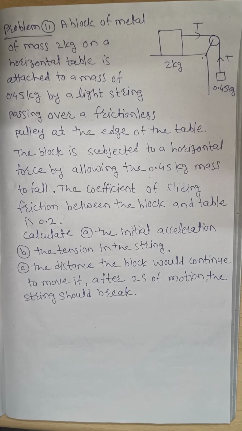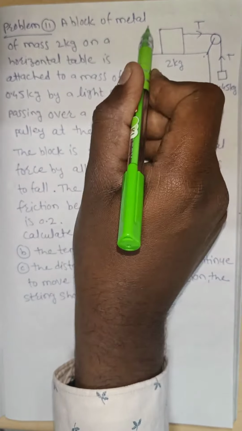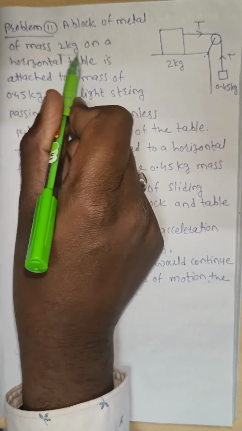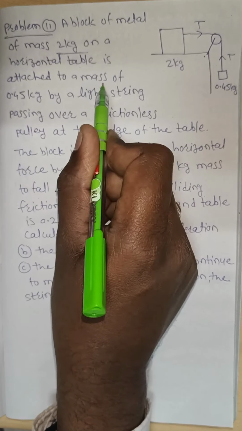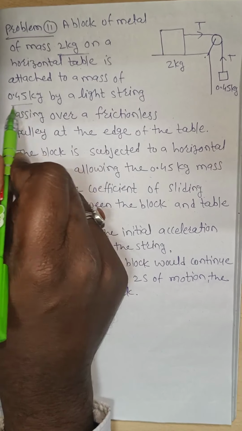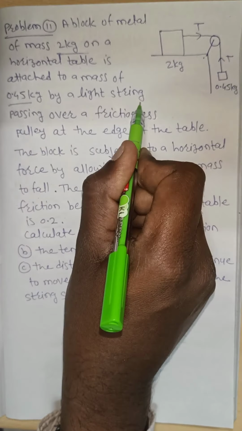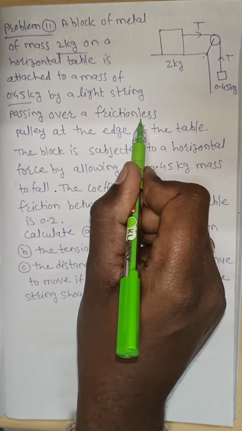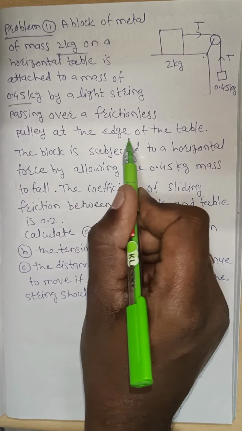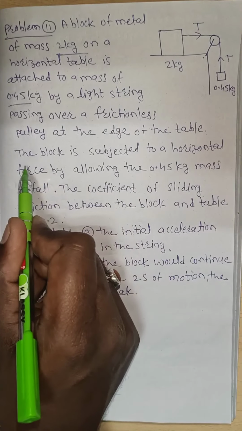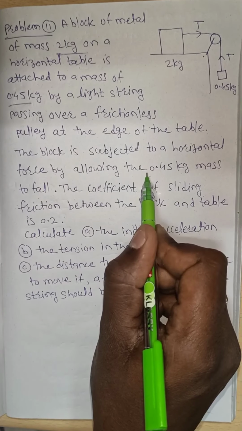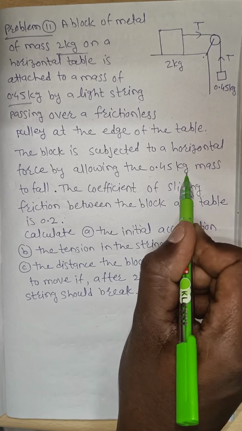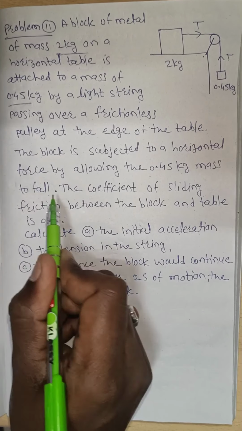Now next, problem number 11. A block of metal of mass 2 kg on a horizontal table is attached to a mass of 0.45 kg by a light string passing over a frictionless pulley at the edge of the table. The block is subjected to a horizontal force by allowing the 0.45 kg mass to fall.